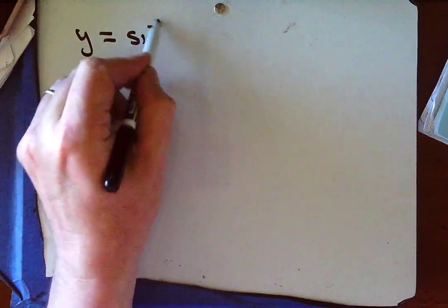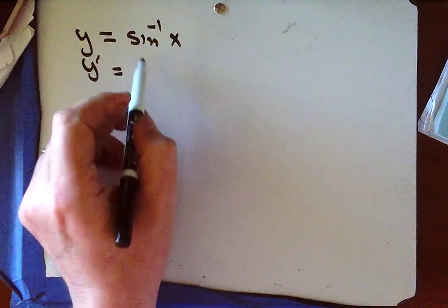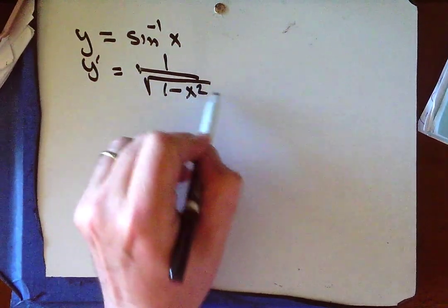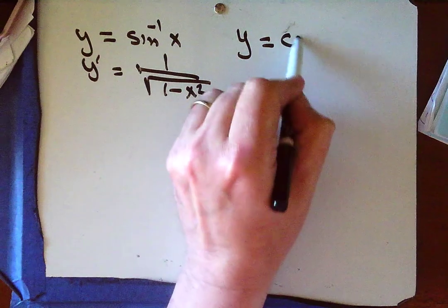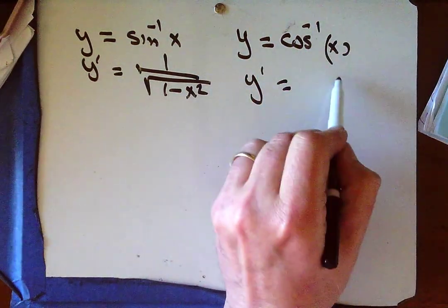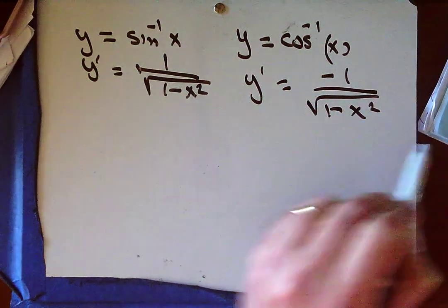I think that's fabulous. So not only should you know all your derivatives of inverse trig functions, like y equals sine inverse of x, then y prime equals 1 over square root 1 minus x squared, and y equals cosine inverse of x becomes y prime equals negative 1 over square root of 1 minus x squared.